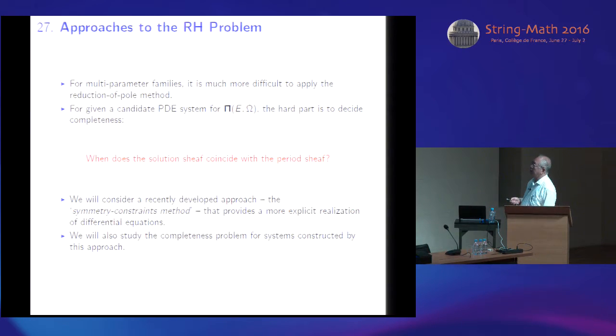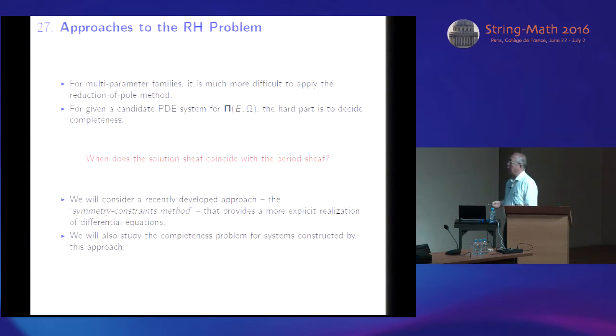The problem of finding a candidate PDE system for the period sheaf is to prove completeness. In other words, we can find a system of PDE and we can solve it, but the question is whether the solution sheaf is exactly the period sheaf or not. And sometimes it's not, so one has to make the decision.